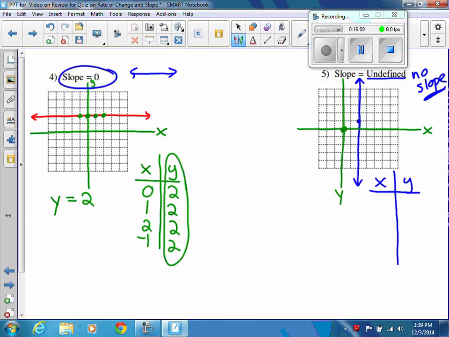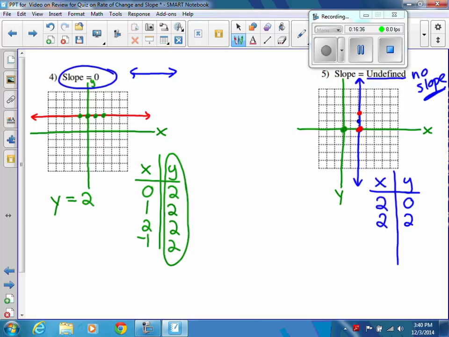Okay, so if I look at this one right here, I'm going to do it in another color so you can see. If I do this point right here that's in red, I've gone to the right 2. That means it's a positive 2. And I have not gone up or down. It stayed where it was, so that was 0. If I do this point right here, again, I've gone to the right 2, and then I went up 2.